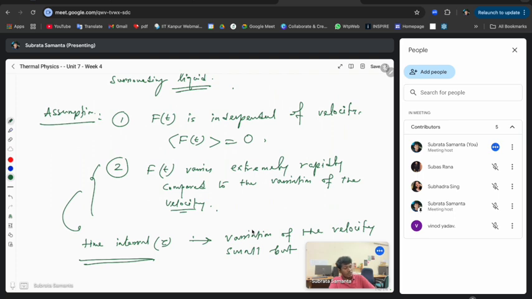That means Ft varies extremely rapidly compared to the variation of the velocity. If there is a small change in velocity, Ft may undergo many fluctuations.